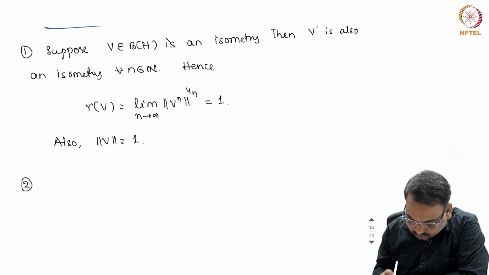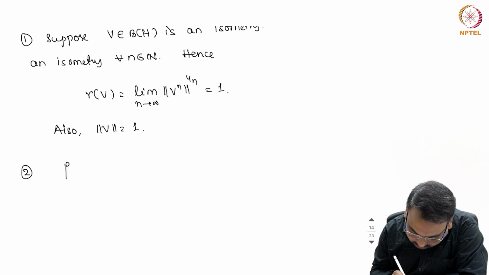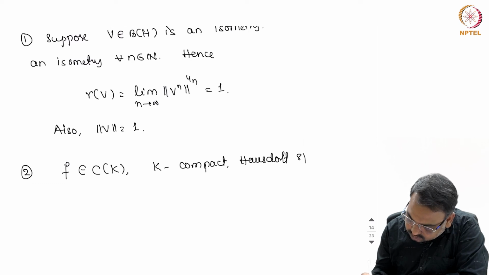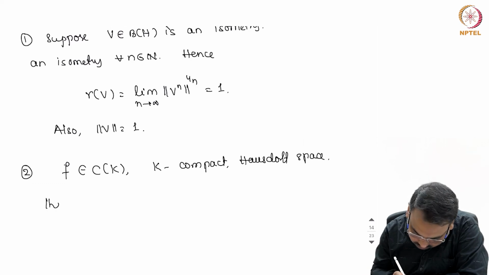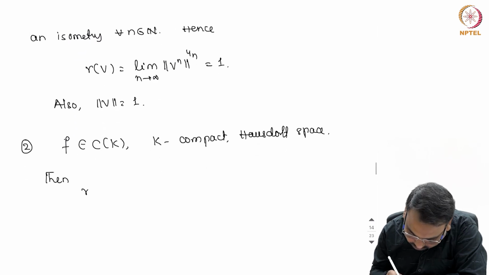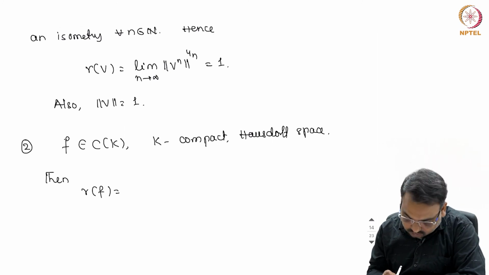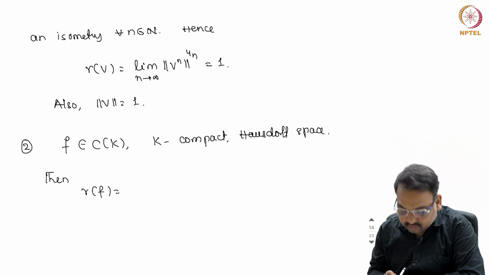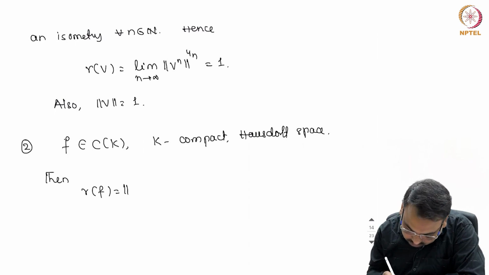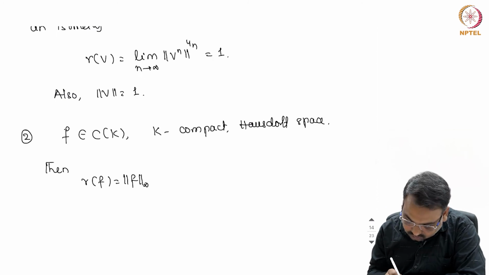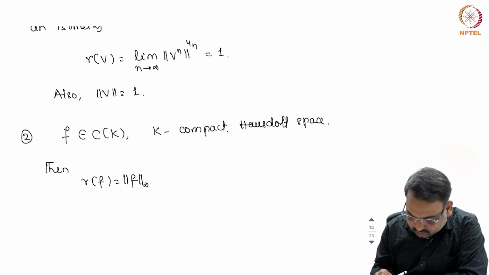Okay, now let us take f in C(K), where K is a compact Hausdorff space. Then we have shown that the spectral radius of f is the norm of f. So this can be directly shown using the spectral radius formula also.